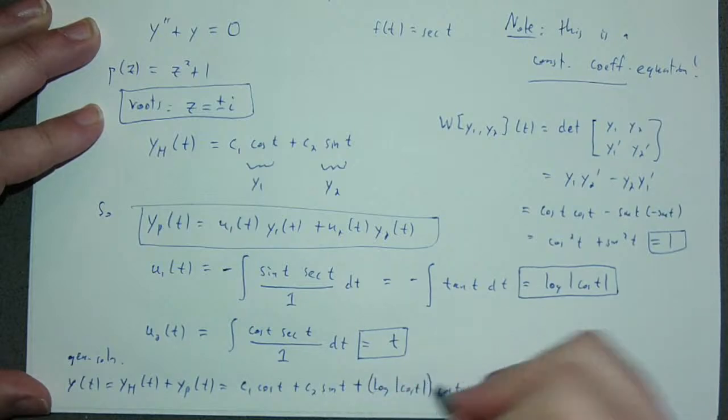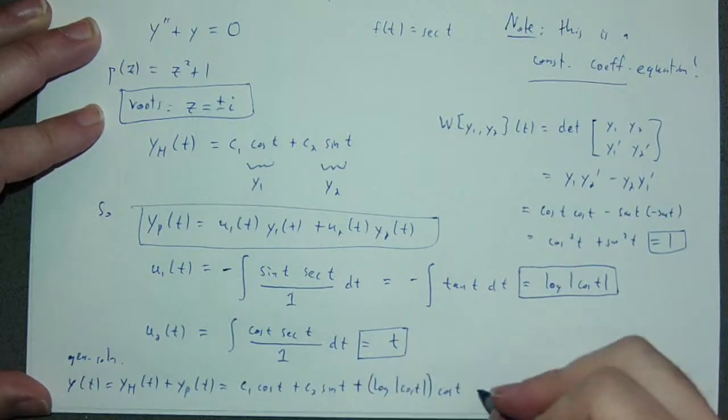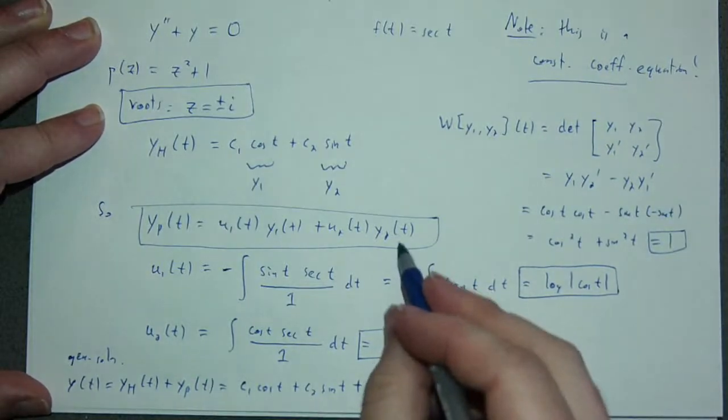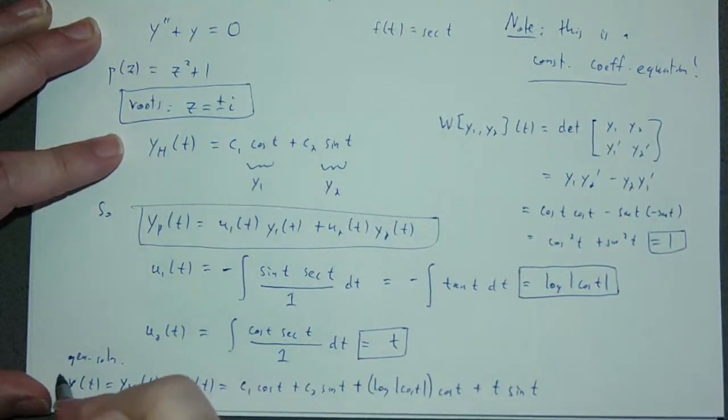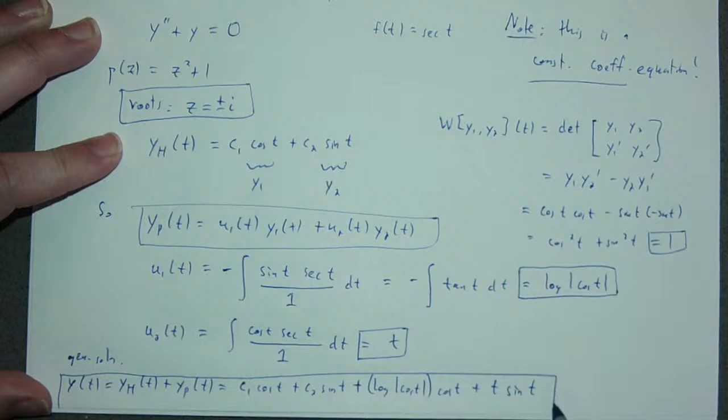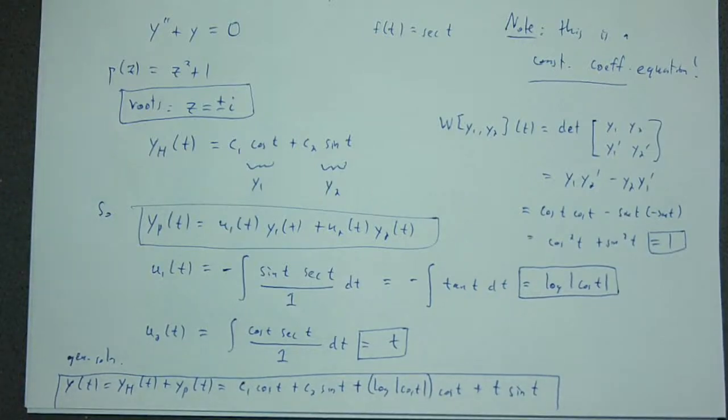Right, so it's log cosine t times cosine t plus t times sine t. Okay. So there's our general solution.